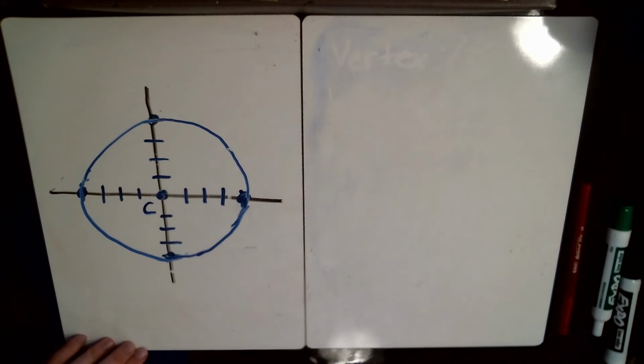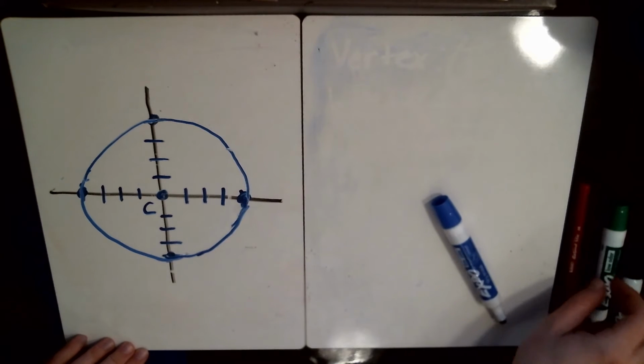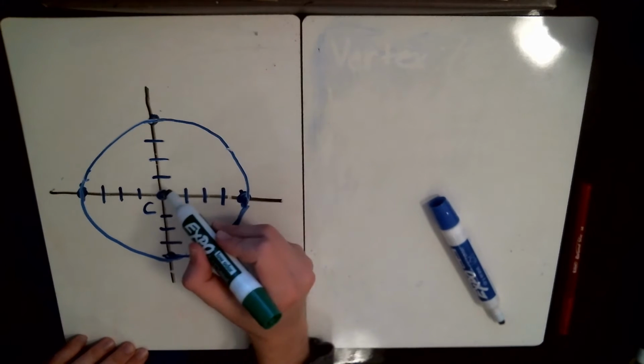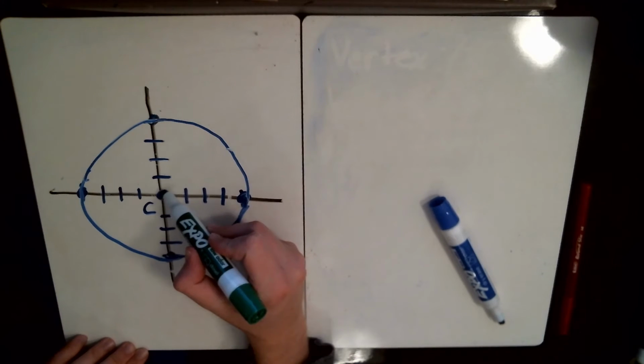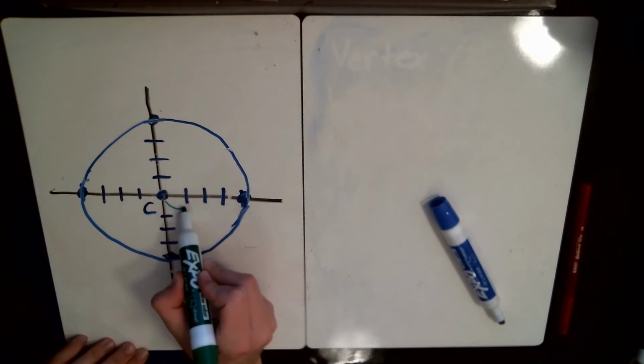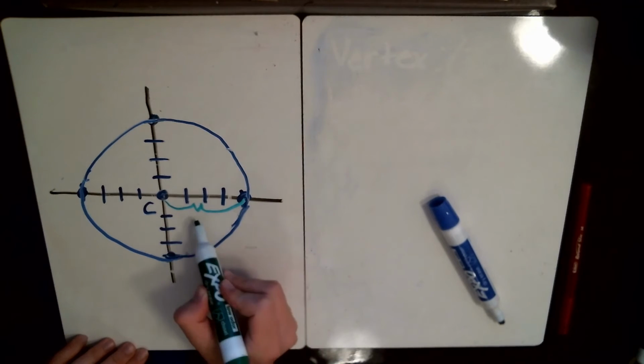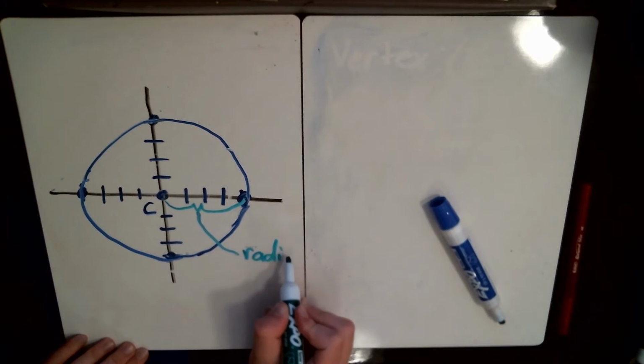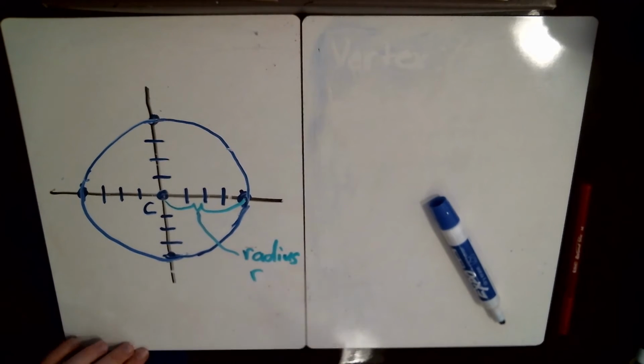I already mentioned this word, but the distance from the center of the circle to any other point on the circle is what's called the radius, and we sometimes use r to represent the radius of the circle.